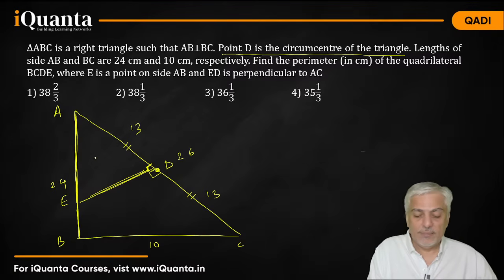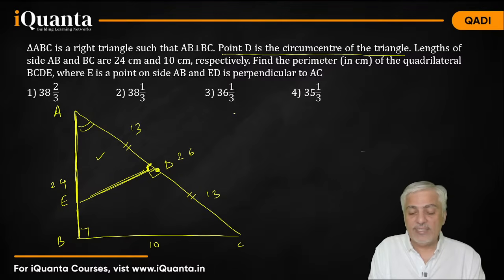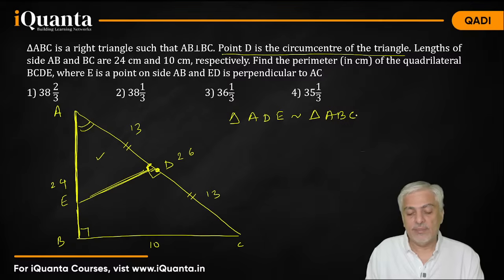Similarity. Between this triangle and the full triangle, one is the common angle and one is 90 degrees. So let's write the similarity. Triangle ADE is similar to ABC. Write the ratios. You know AD.